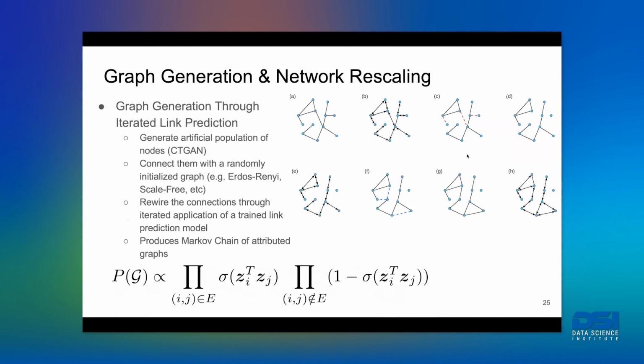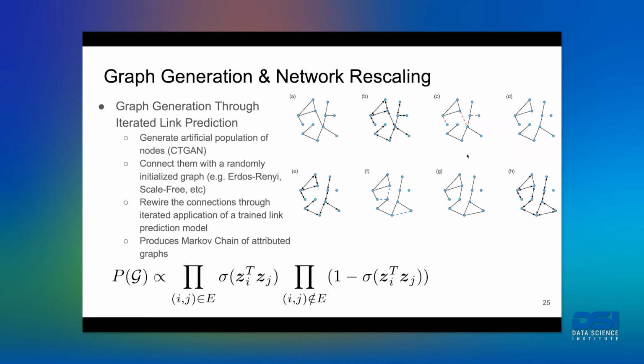So now you have this artificial population of nodes that presumably have demographics that correspond to whatever population you're interested in. But what you don't have is how they are connected to one another. And so you can connect them as an initial step with a randomly initialized network. For example, it could be something like an Erdos-Renyi graph or a scale-free graph, whatever it is. And at that point, you're going to have a really good distribution of node data, the node attributes, but they're not going to be connected properly.